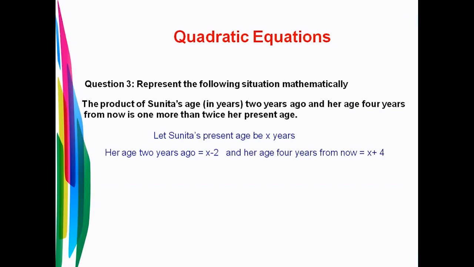And then you are given that the product of these two ages is one more than twice the present age. So the product x minus 2 into x plus 4 is equal to 2x plus 1. Open the bracket, simplify the terms. X square plus 2x minus 8 is equal to 2x plus 1. Bring all the terms on the left hand side and I get x square minus 9 equal to 0. I can easily see that 2x is getting cancelled. So again we have represented a situation mathematically.